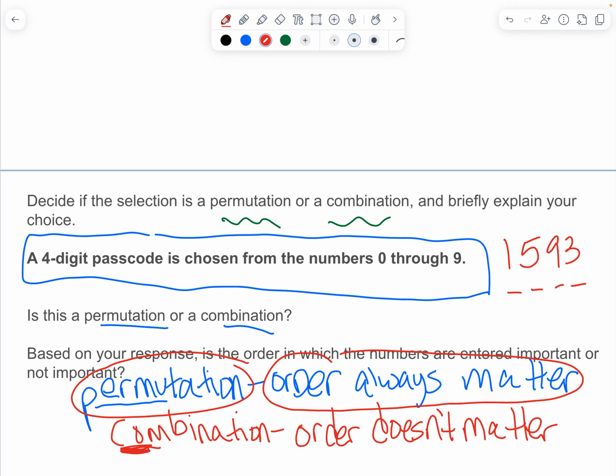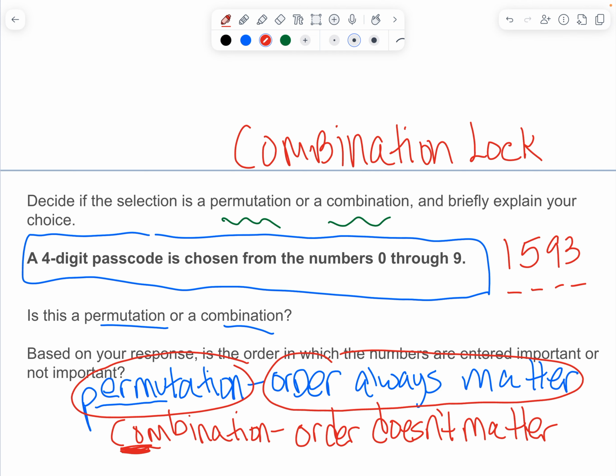Now, when you were back in maybe high school and you had a locker, or if you go to a gym and you have a locker, right? And you have to put in your code, they call it a combination lock, right? But this is actually incorrect, right?